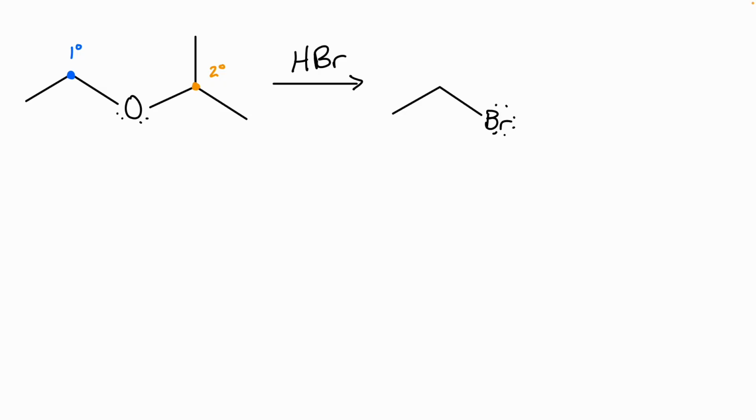All right, just to keep my color coding consistent. That blue carbon will get my halogen. And the alcohol's oxygen will be retained on that larger fragment on that secondary carbon.